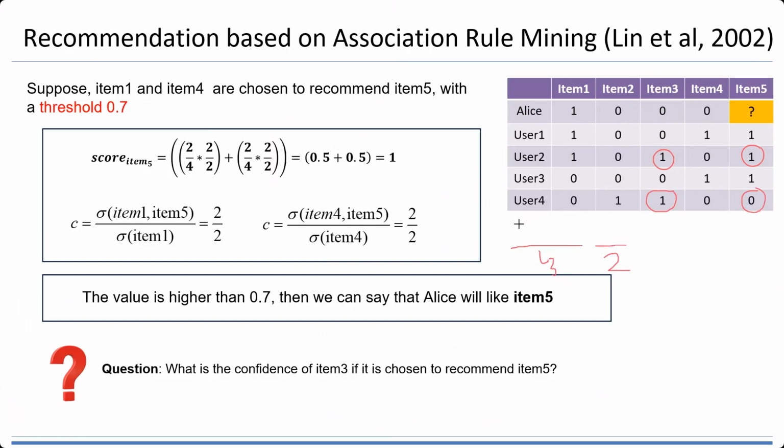How many of them like item 3 and item 5? We have only 1. So there are 2 for item 3, but among those 2, only 1 is for item 3 and item 5. Then we get the confidence is 1/2 or 50%.